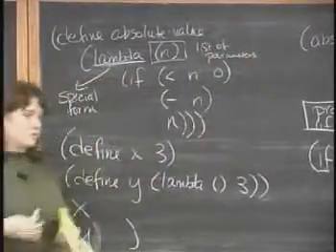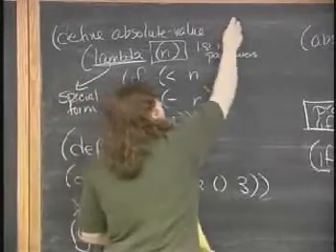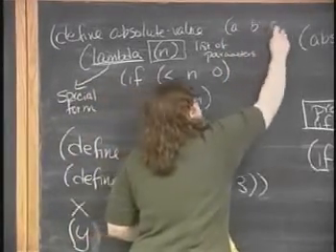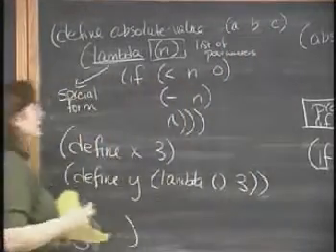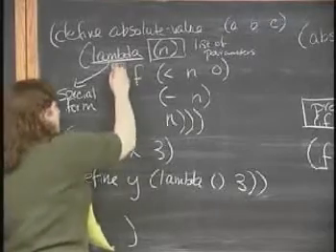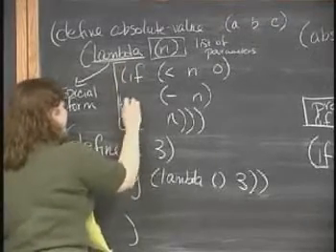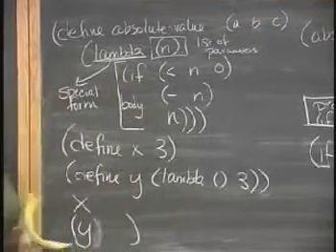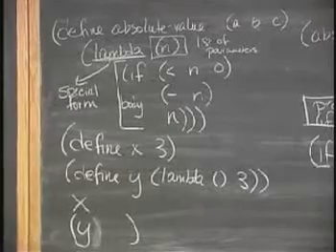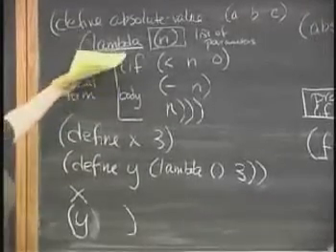In this case, we have just one. If you wanted more than one, you would denote them just with spaces between them, no commas or anything like that. The remainder of the lambda is its body. So lambda creates a procedure for us.